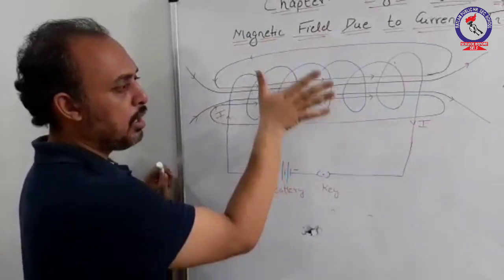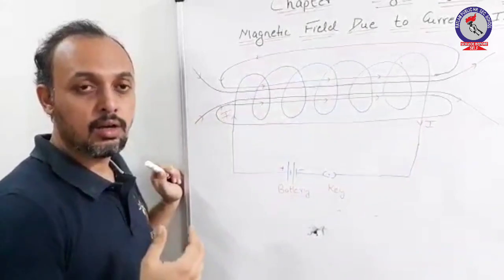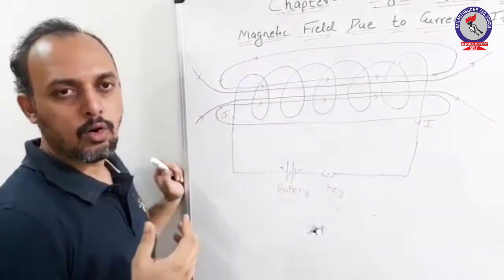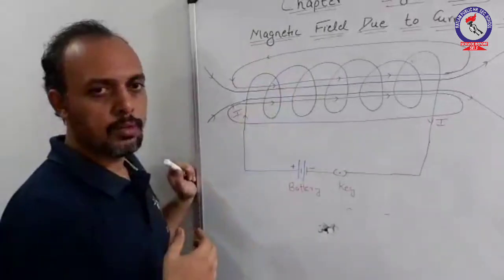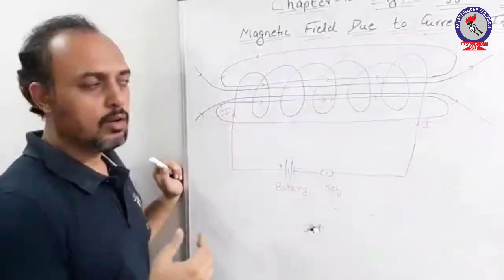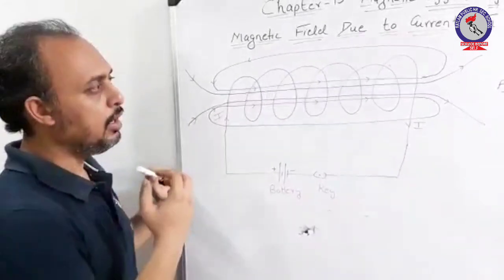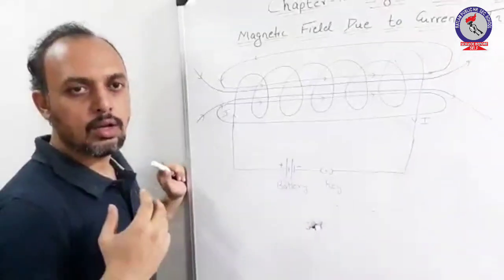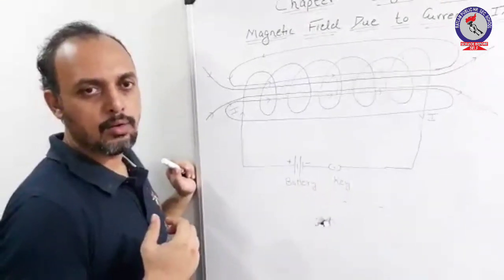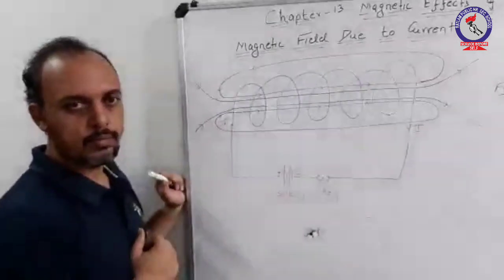Talking about the outside of the solenoid, it is observed that a very negligible field, or almost zero field, is formed on the outside. Hence we can say that on the inside a very strong magnetic field exists, while on the outside of the solenoid a very weak or almost negligible magnetic field is formed when a current is passed through a solenoid.